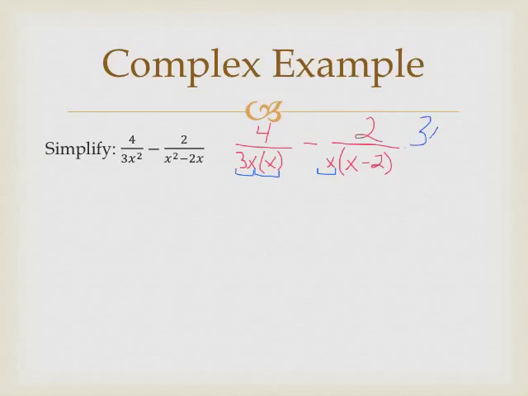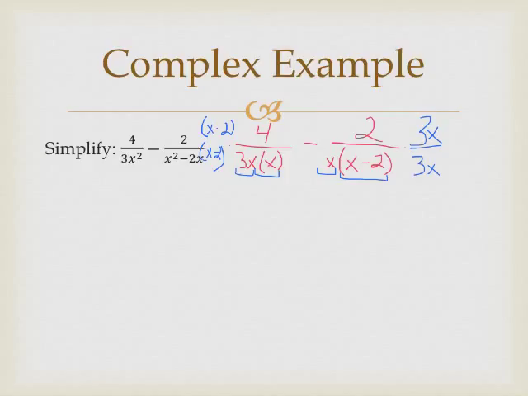So I'm going to multiply this by 3x over 3x. And it also means that we have an x minus 2 that we don't have on the left. So I'm going to multiply this by x minus 2 over x minus 2. Okay? And now they should have the same denominators because it'll be x minus 2 times 3x times x, and we should all be good.